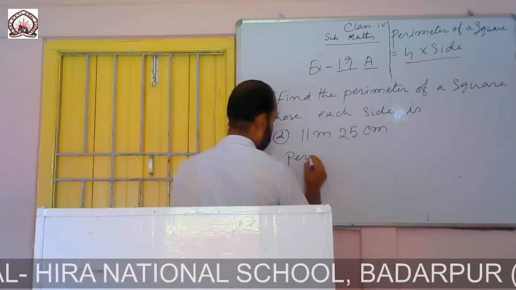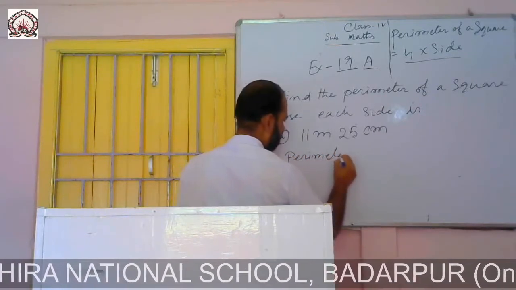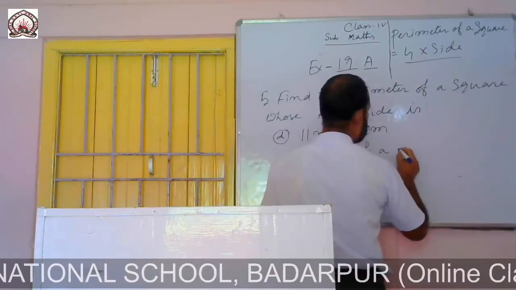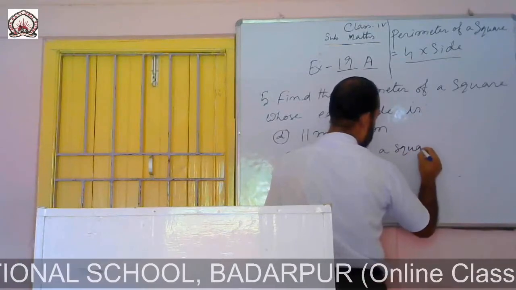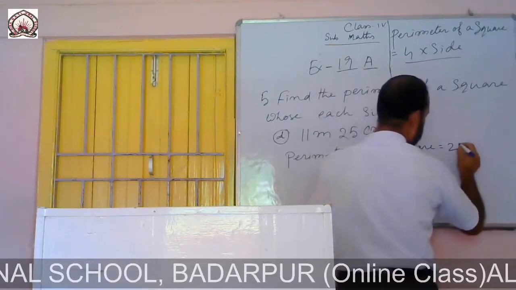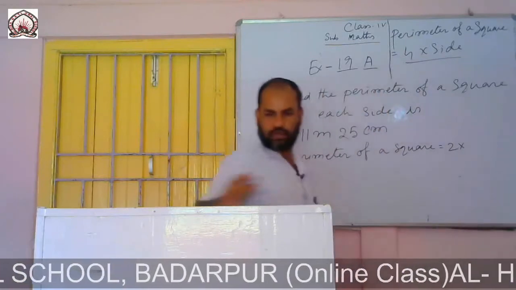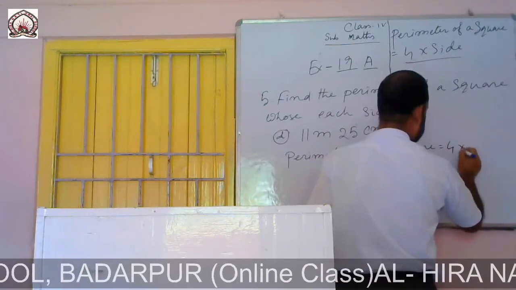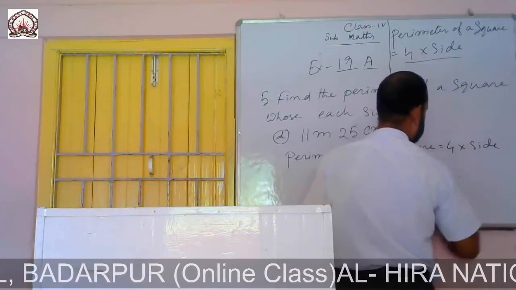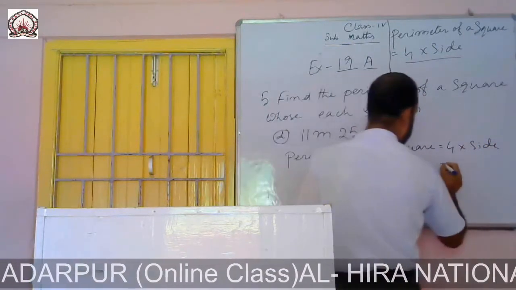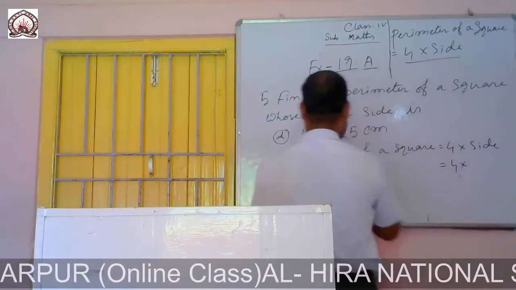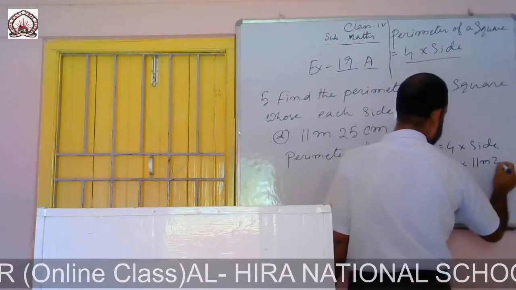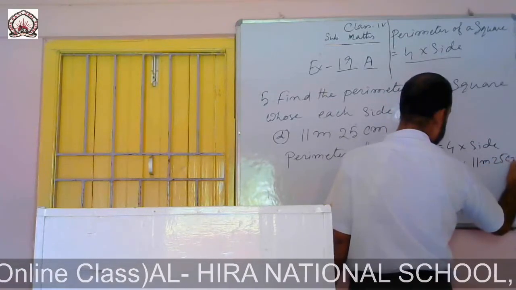Perimeter of a square equals 4 into side. So here 4 into side equals 11 meter and 25 centimeter.